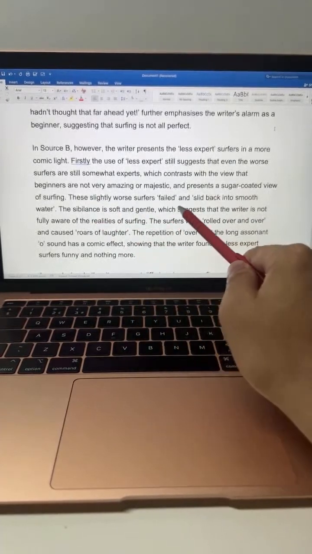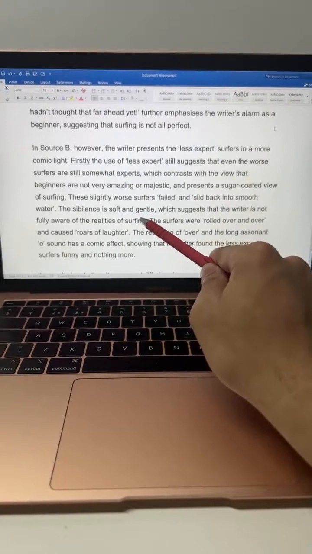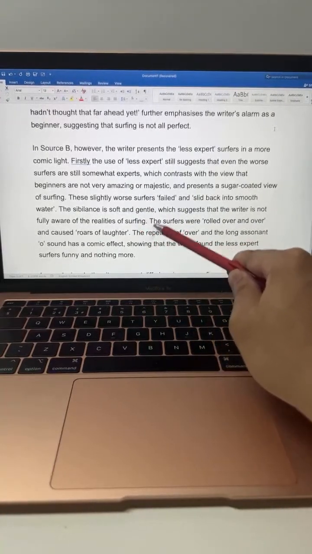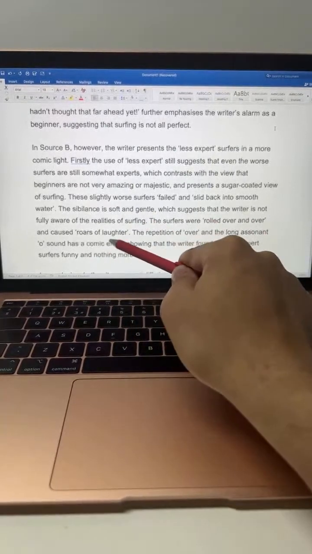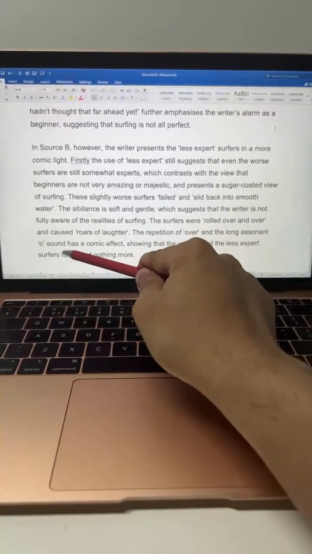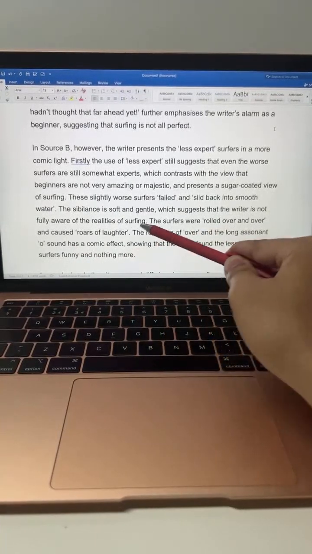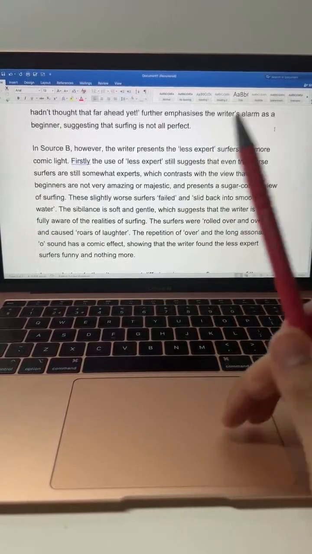These slightly worse surfers failed and slid back into smooth water. The sibilance is soft and gentle. Look at the in-depth analysis. The surfers were rolled over and over and caused roars of laughter. The repetition of "over" and the long assonant O sound has a comic effect, showing that the writer found the less expert surfers funny and nothing more.